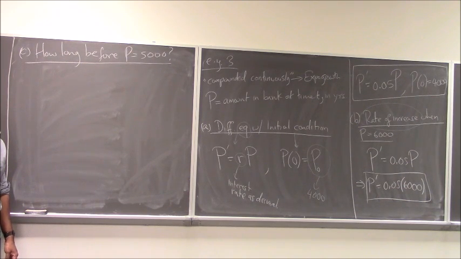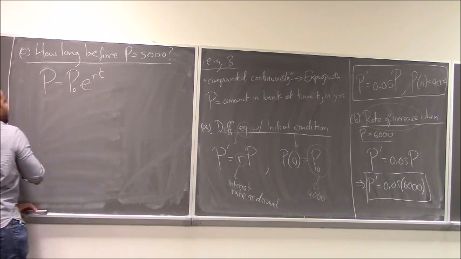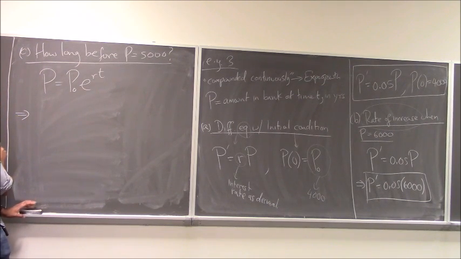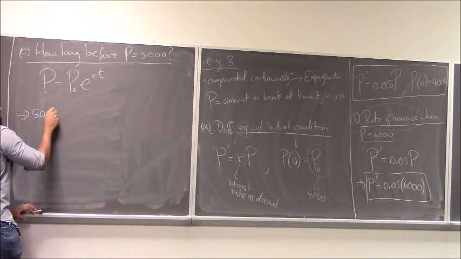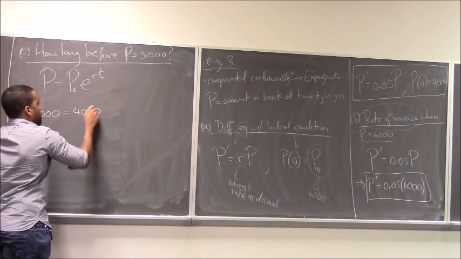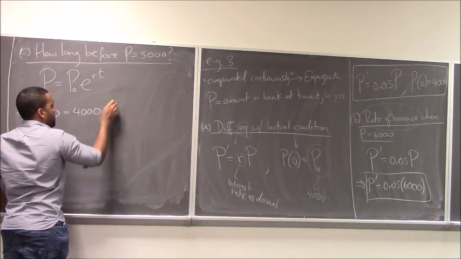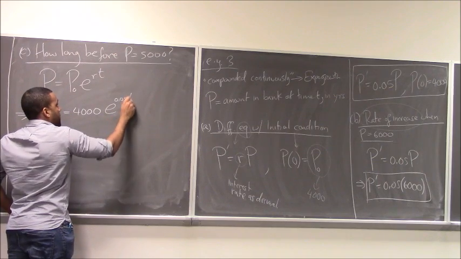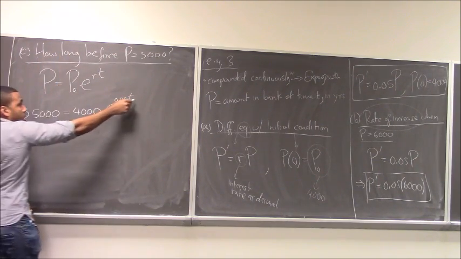You solve for t in which equation? I'm going to use this equation. What are you plugging in? 5,000 for P, 4,000 for P0, and 0.05. Now you ask for how long, that's time, and you solve for time.